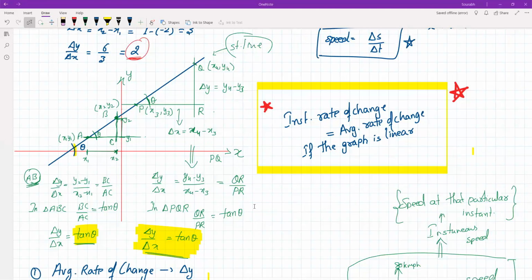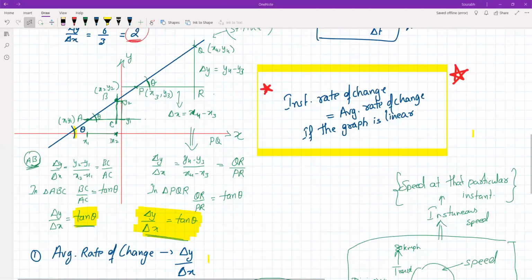Whether you make a note of that today or tomorrow or the day after, it doesn't make any difference. So that is one example. The revolution of Earth around the sun is also uniform. Rotation of Earth on its own axis is also uniform. So there are many changes which are uniform, right? In such cases, instantaneous rate of change will actually be equal to average rate of change.